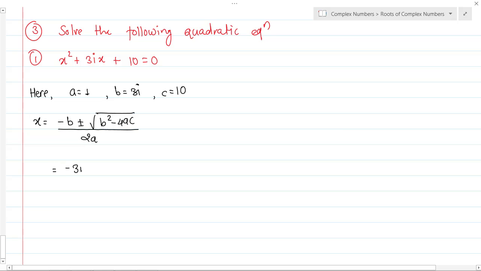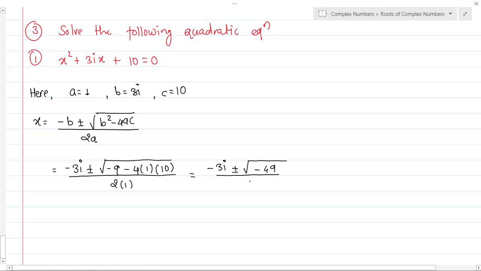Minus b means minus 3i, plus or minus root of b square. What is b square? 3i square, which is minus 9, minus 4 into a is 1, c is 10, whole divided by 2 into a, so 2 into 1. So let's open this. You will have minus 3i plus or minus root of minus 9 minus 40, so minus 49, upon 2.